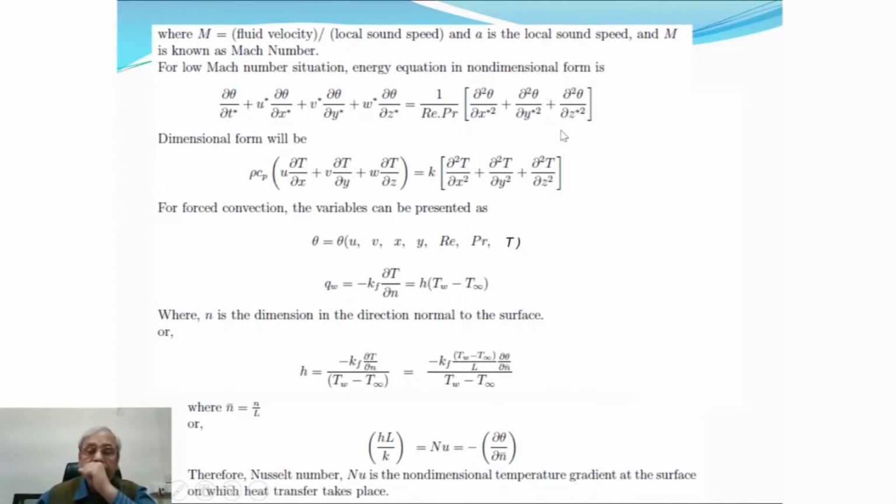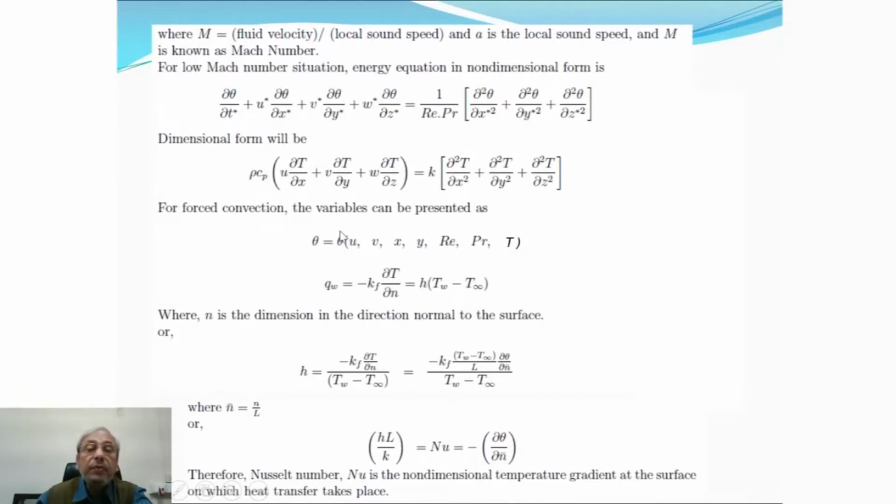Now, if we go back to dimensional form from this governing equation, we can write rho Cp into U del T del X plus V del T del Y plus W del T del Z equal to K into del 2T del X2 plus del 2T del Y2 plus del 2T del Z2.